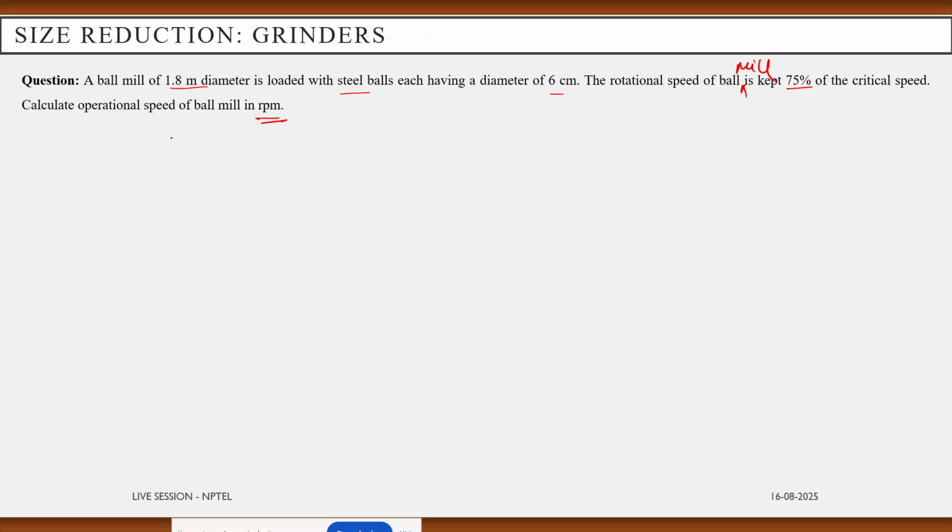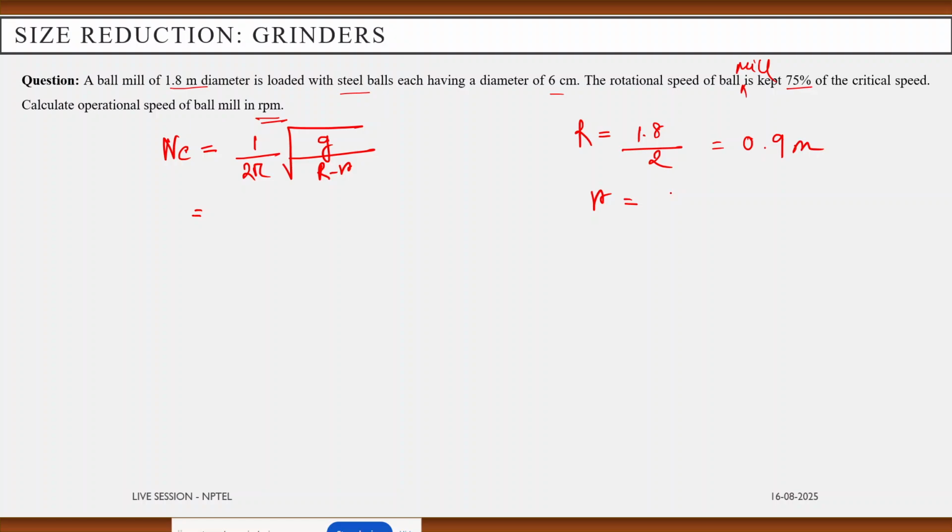For your information, you already know critical speed equals 1 by 2 pi root over g by capital R minus small r. Now you put in all the values. Capital R is 1.8 divided by 2, that is 0.9 meter. Small r is 6 centimeter.